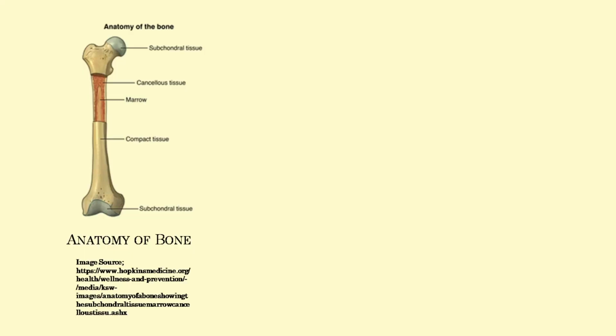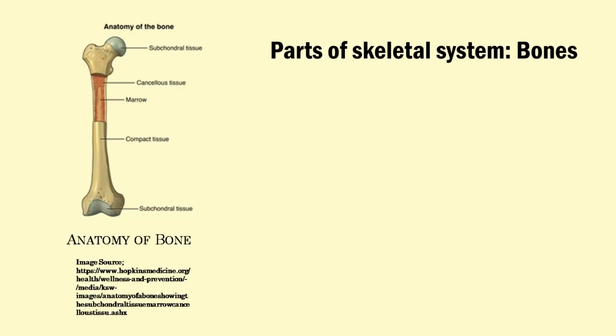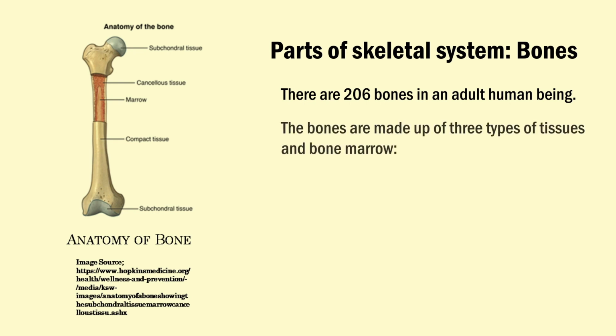Now, in this section, we will discuss the formation of bone, which is the main part of the skeletal system. There are 206 bones in an adult human being. The bones are made up of three types of tissues.